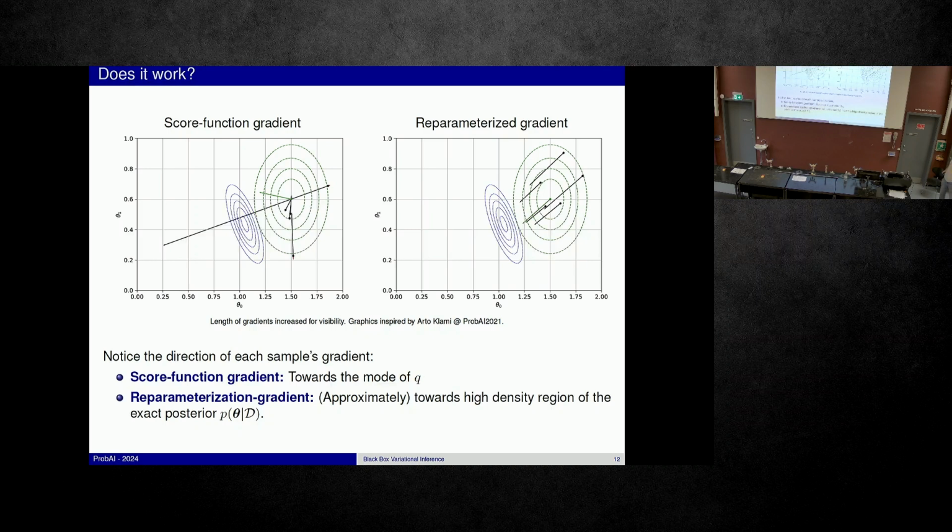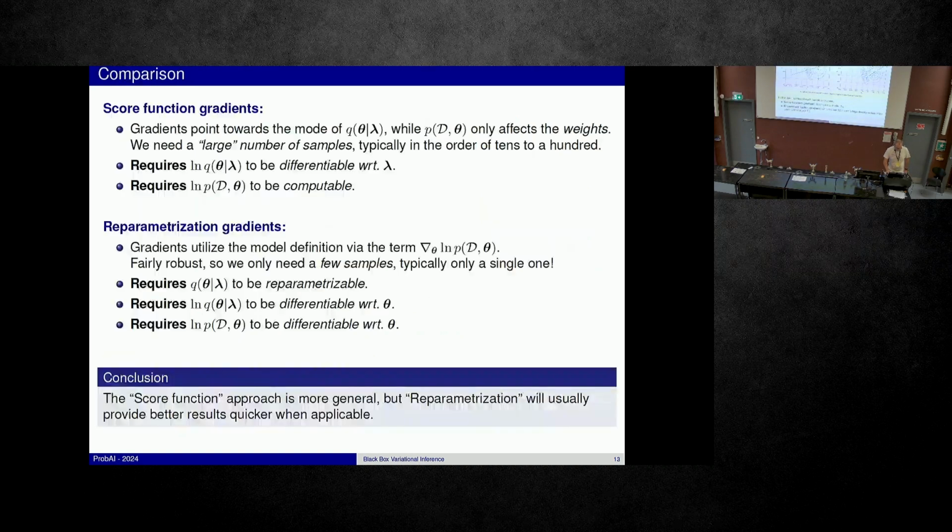They are pointing more or less in the same direction anyway. So for the reparameterization gradient here, we can typically have very few samples. Often only one is used in practice. Whereas over here, as you would have seen already, we need more. So yeah, this is why then reparameterization gradients are used when we can. So if the distribution is reparameterizable, then that is a good thing.